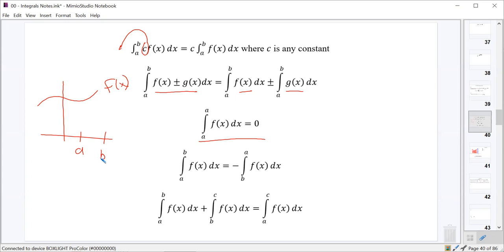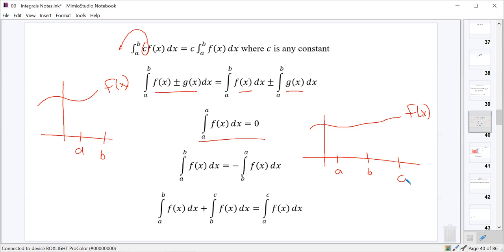And then lastly, the integral from a to b plus the integral from b to c should be equal to the integral from a to c. So if we take a look at that, here's some function f of x, and here's a and b and c.